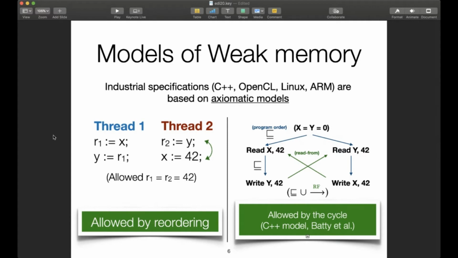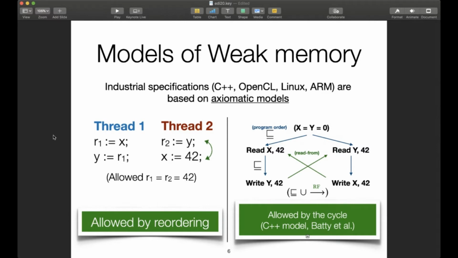The model won't tell you the specific behavior that you'll observe on a particular ARM processor, but it'll tell you what's allowed by the architecture. And similarly for C++, it's what the language would allow, but in practice you should observe no more behavior than that, but maybe quite a bit less. We've got to allow in the language this behavior of 42 in order to compile it directly to loads and stores on the processor architectures where that behavior is still allowed.